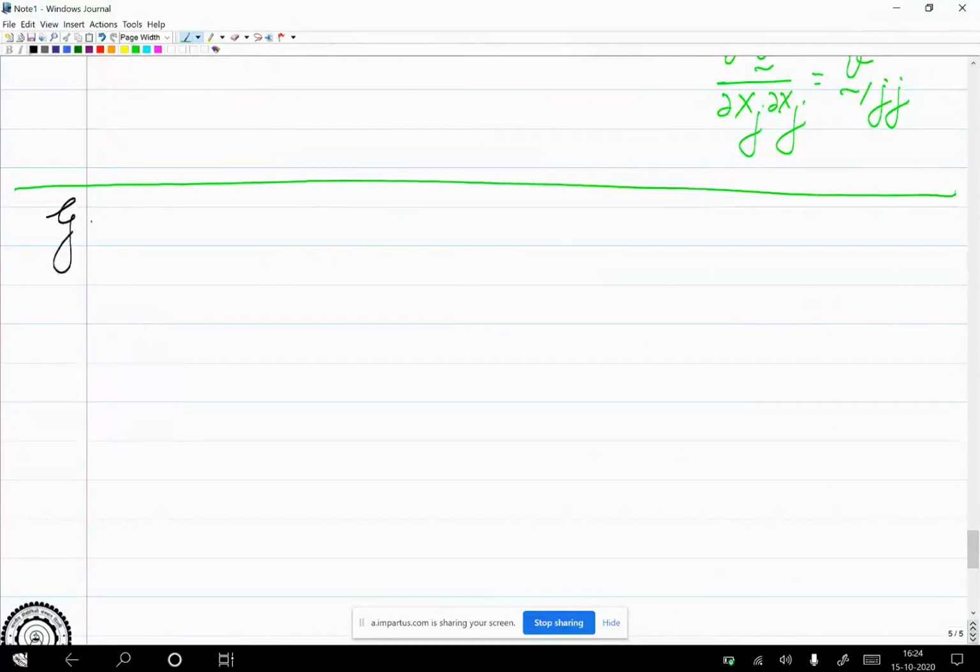And one of the most useful integration theorems is Gauss divergence theorem. So this can be used to convert a volume integral into surface integral.